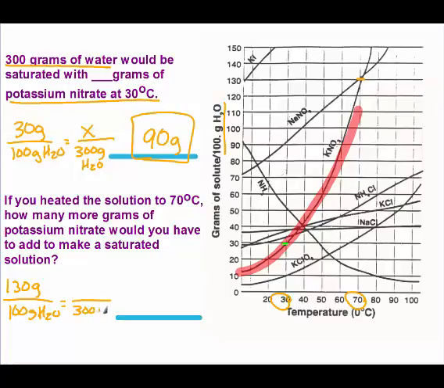So in 300 grams of water, we have 390 grams. But it says, how much more would I need to add? Well, I was already at 90 grams, so 390 minus 90, I need to add 300 more grams of potassium nitrate to make it saturated again.